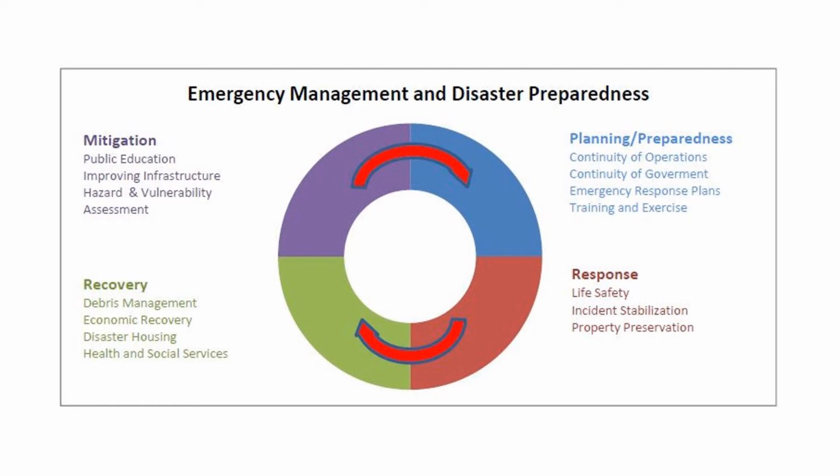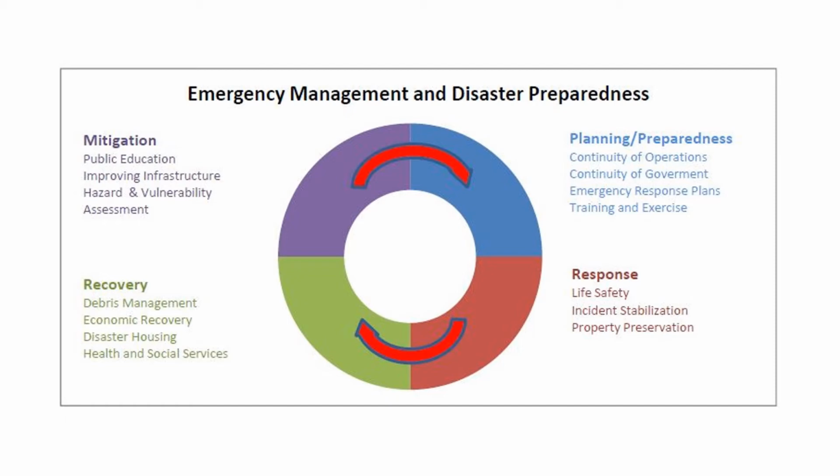Then there's the recovery phase. So if it was an earthquake, debris management, economic recovery, disaster housing, and then followed by mitigation, right? And the mitigation is really to avoid even more deaths and more injury.